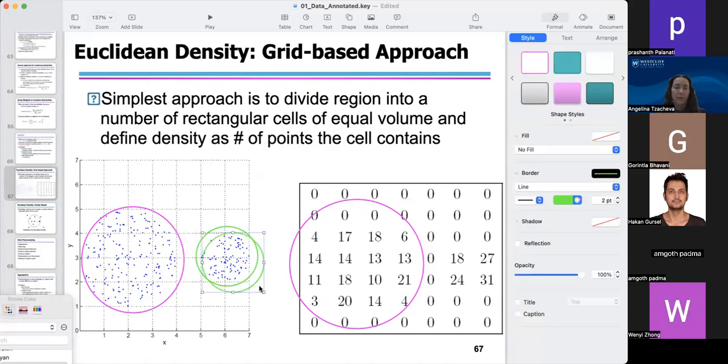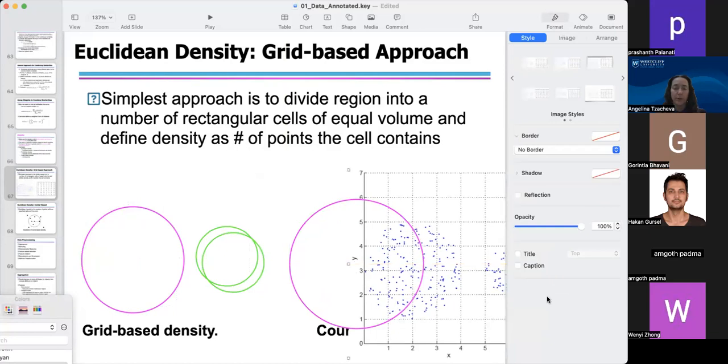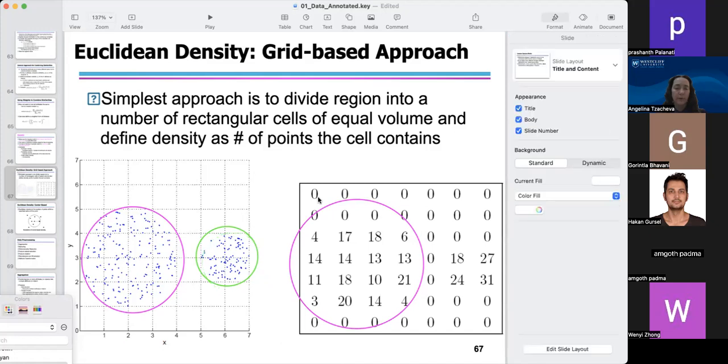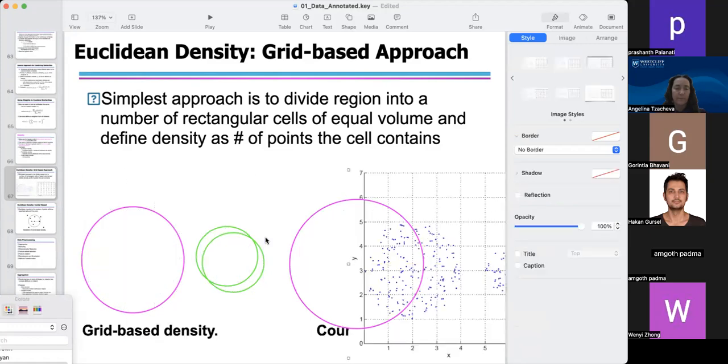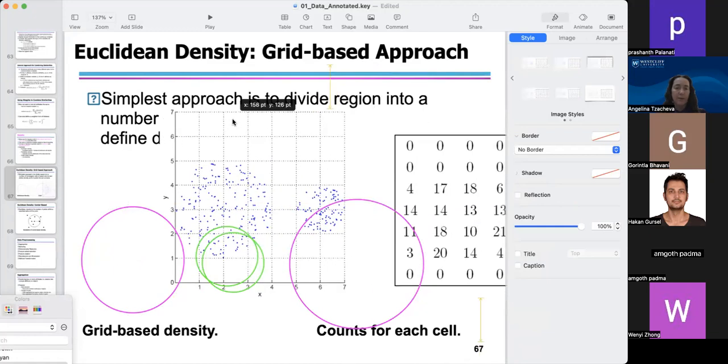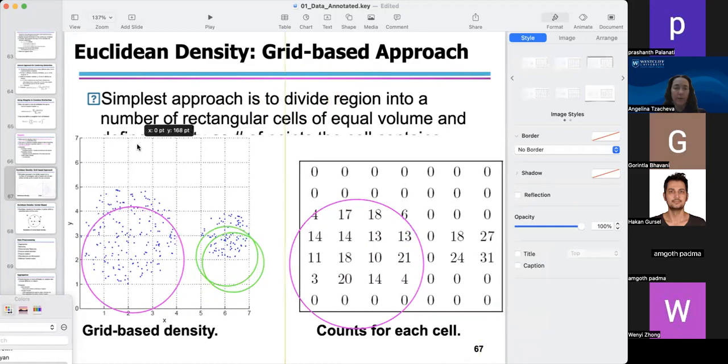We are looking for dense regions on the plot. So the first one is called grid-based density. And the second thing is showing us the counts for each cell.